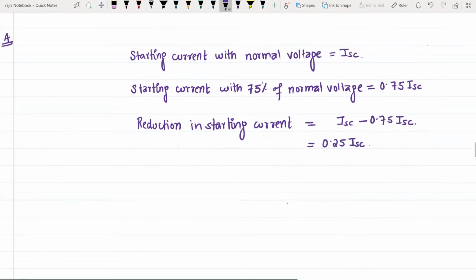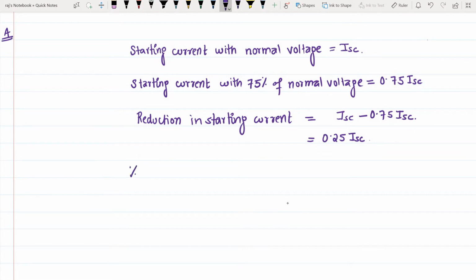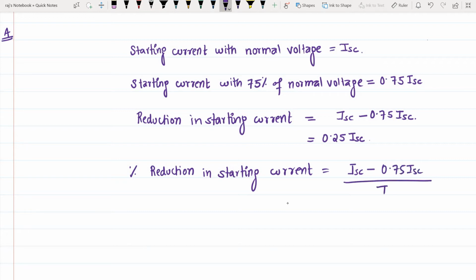So therefore percentage reduction in starting current will be equal to final minus initial by initial, that is, ISC minus 0.75 ISC, by ISC, into 100%.